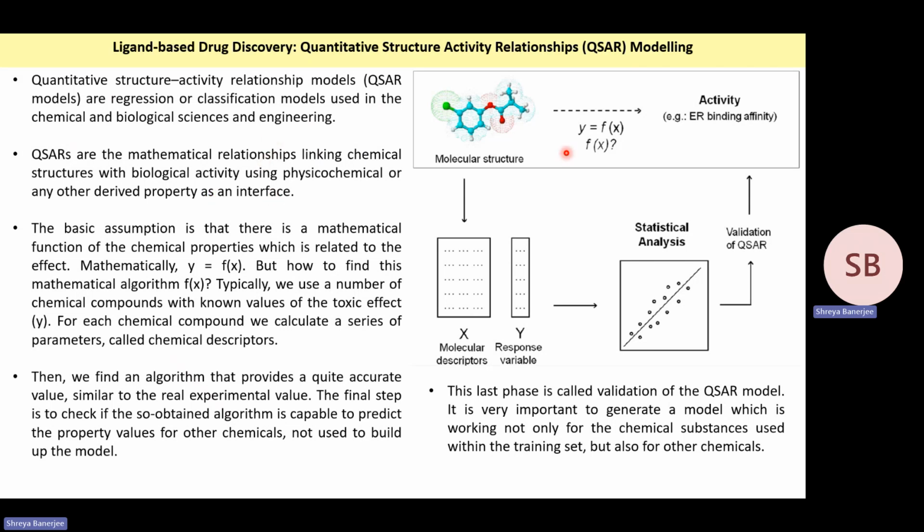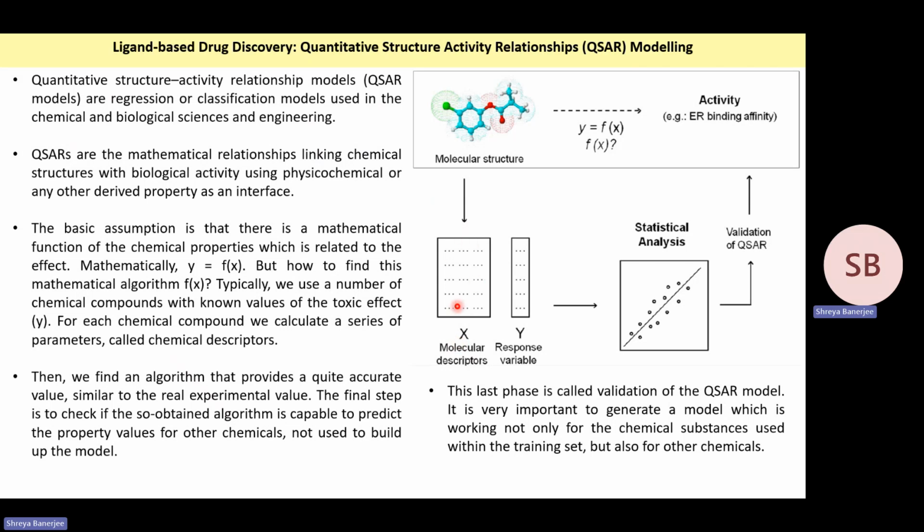So what this means is that from the molecular structure, you have a set of molecular descriptors. We will look into what are molecular descriptors in the upcoming slide. Just think that molecular descriptors are certain properties of the molecule, like bond angles or hydrophilicity or lipophilicity and so on. So these molecular properties are referred to as molecular descriptors X.